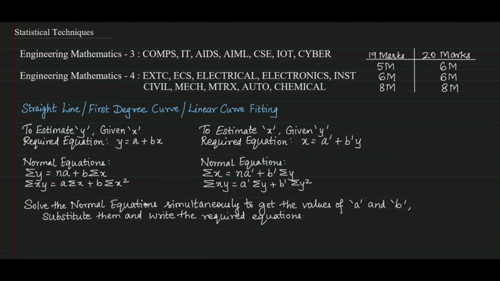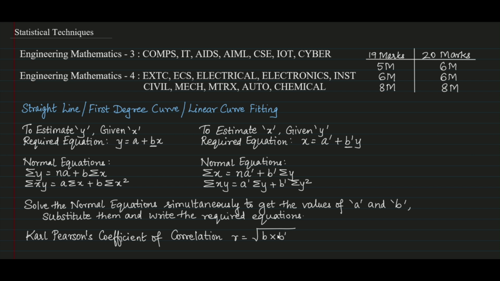Now, once both the lines are fitted, like y is equal to a plus bx and x is equal to a dash plus b dash y, using the coefficients of x, that is b in the first case, and in the second one, the coefficient of y, that is b dash, we can find the Karl Pearson's coefficient of correlation R. Karl Pearson's coefficient of correlation R is nothing but the square root of product of these coefficients, that is b into b dash.